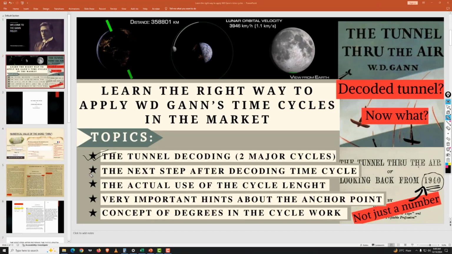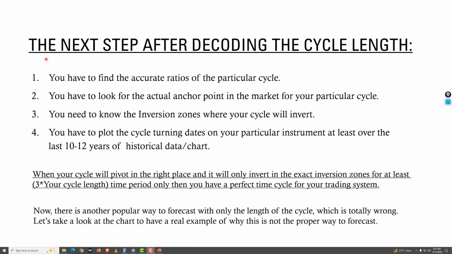Now let's move forward to our next topic, which is the next step after decoding the time cycle. What is the next step after decoding the cycle length? Number one, you have to find the accurate ratios of your particular cycle.